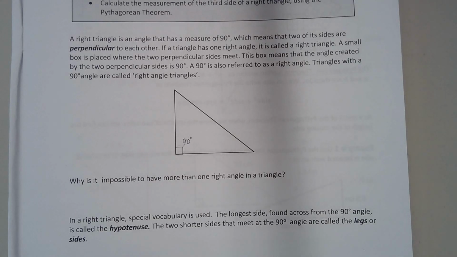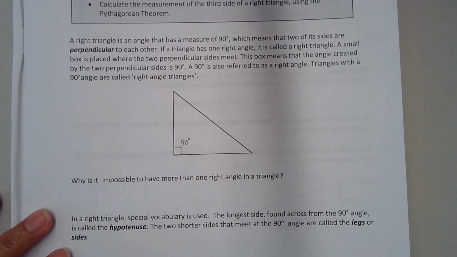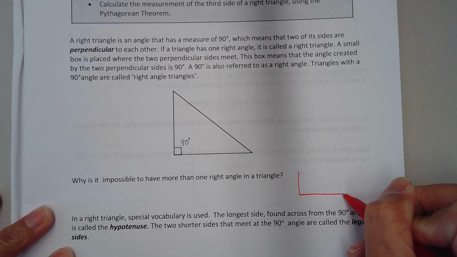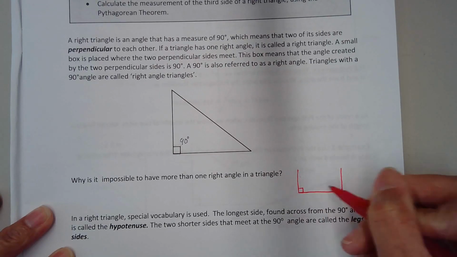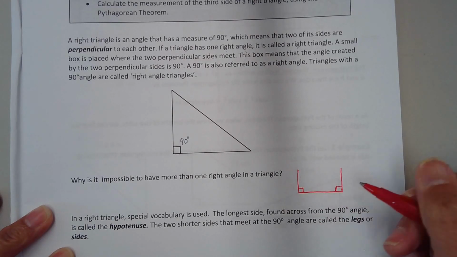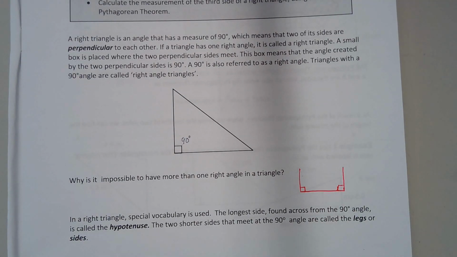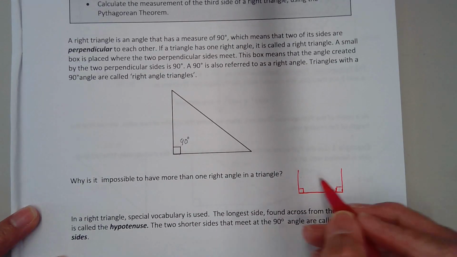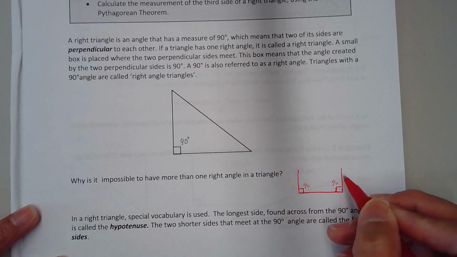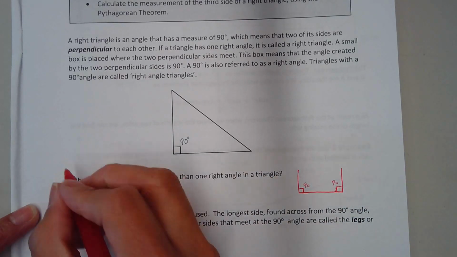Now you're tying what we learned in lesson 1 to this one here. So you can't have 2 right angles. If this is 90, this is 90, we cannot create a triangle that way. That's not a triangle.